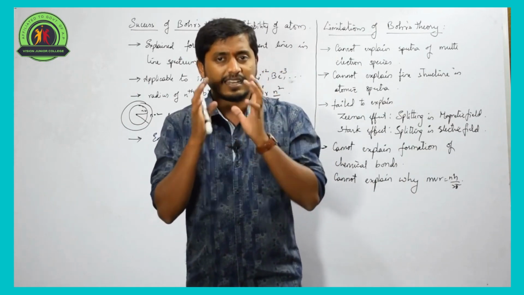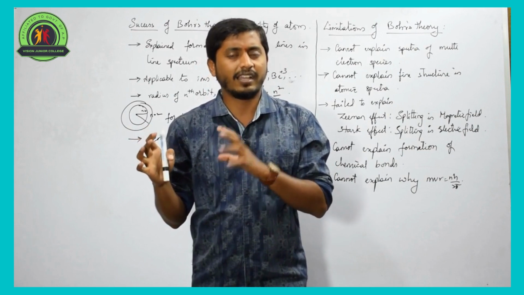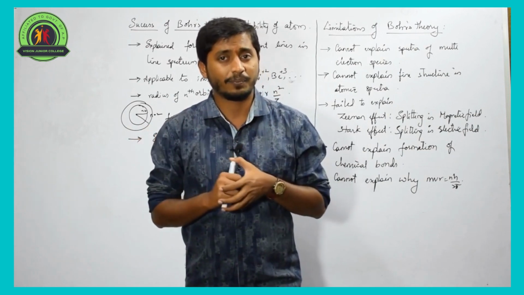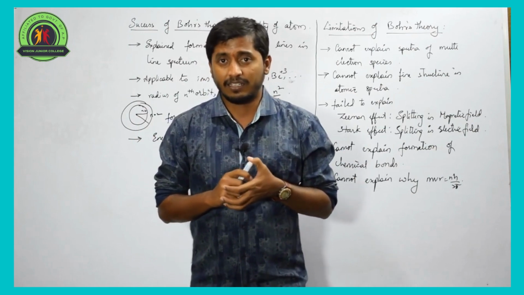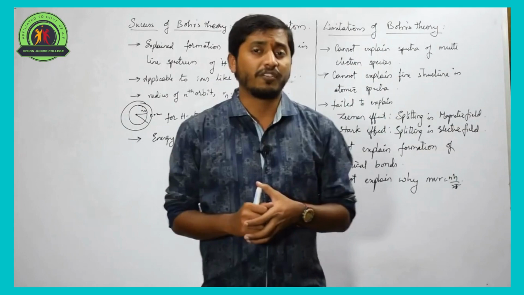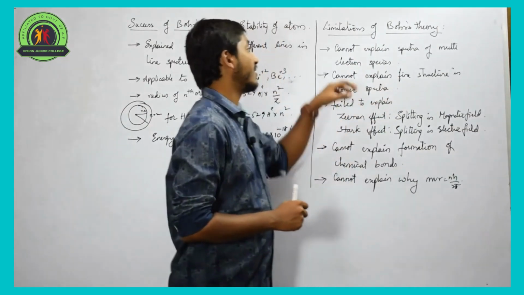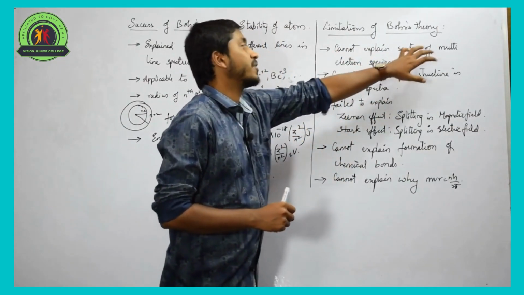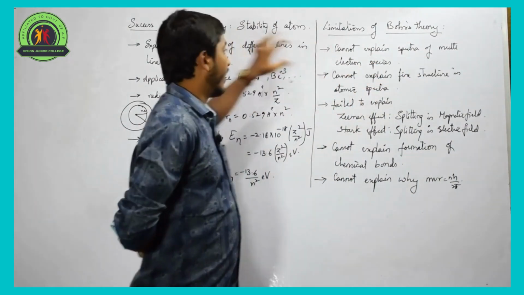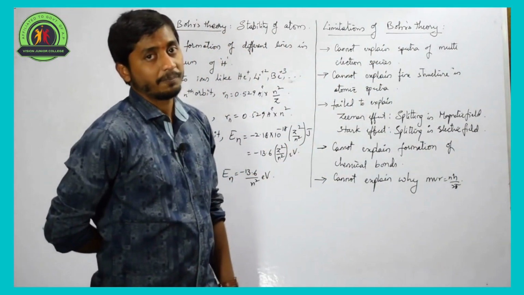He just tells that this is in different regions. Therefore, we can tell the limitations, such as he could not explain the spectra of multi electron species. Did he explain? He could not explain.